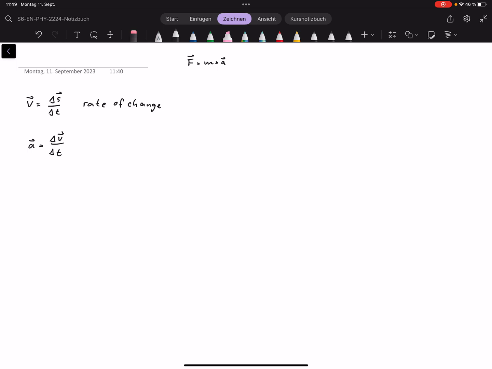So we have been looking at movements before, and we know how to draw them in a diagram. So we start again with a simple example in an s-t diagram. And when we see a straight line, we know that this movement has a constant velocity, because in certain time intervals, delta t, we always travel the same distance.